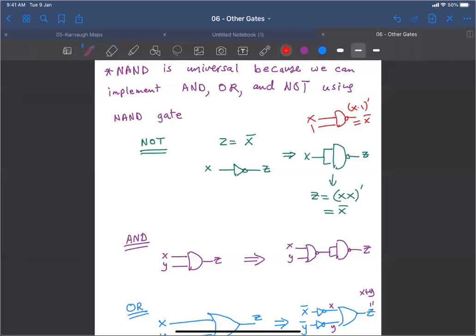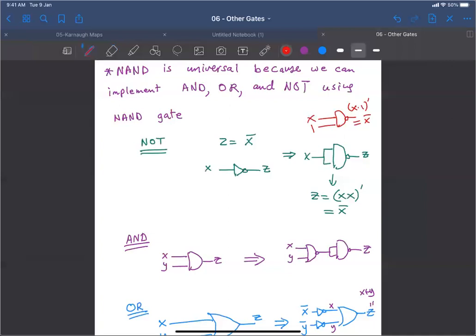Now, we know that we can implement the NOT operation using the NAND operation, right? So if we use the NAND operation, then we can get rid of the NOT gate. Now for AND, how can we prove that we can implement the AND using the NAND operation?